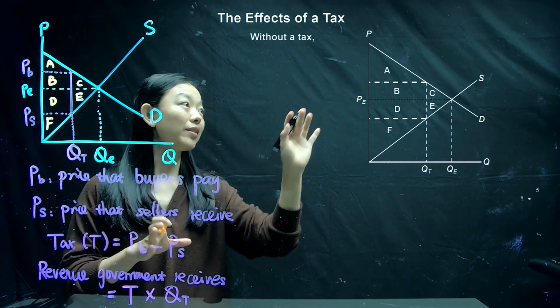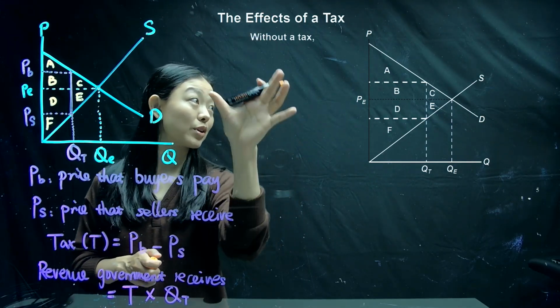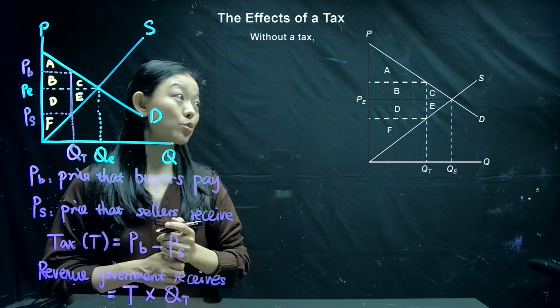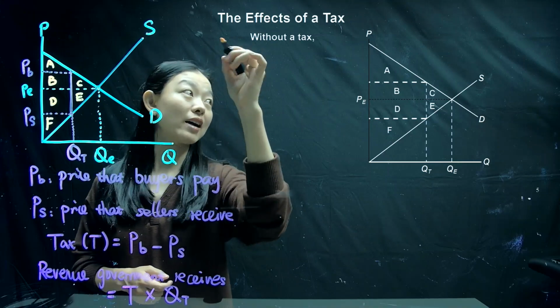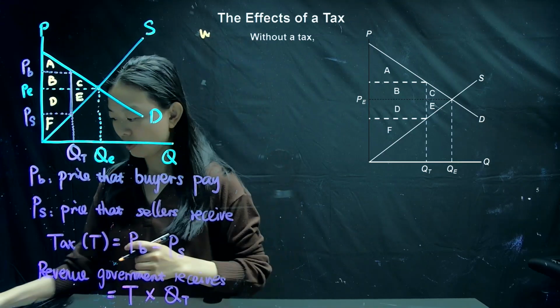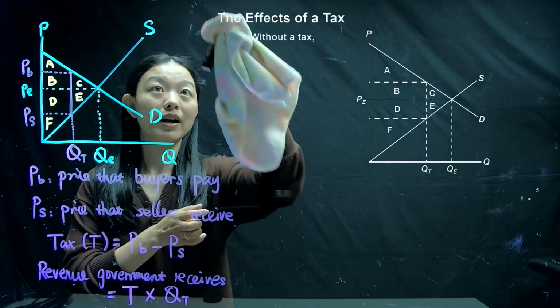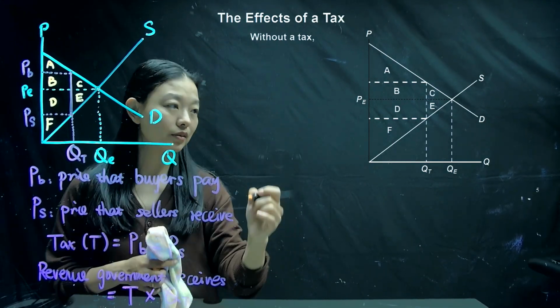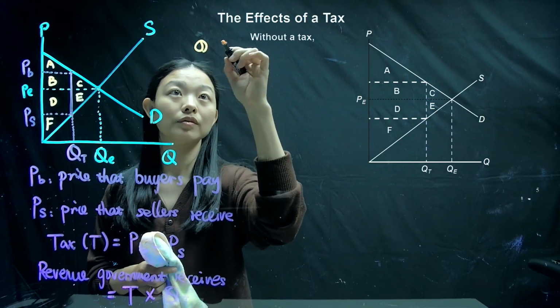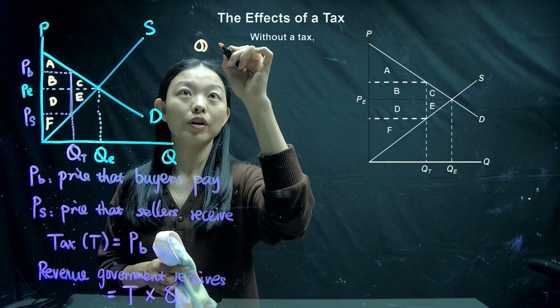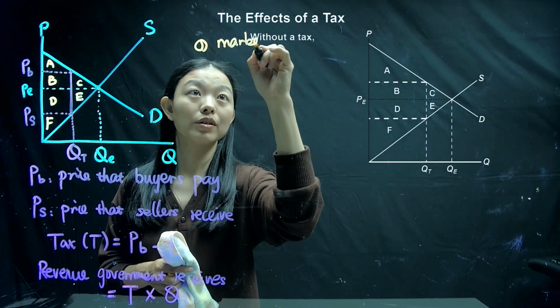Then I would like to say, without tax, what happens? Without tax, the market is in equilibrium, right? So without tax, we will have the market equilibrium.